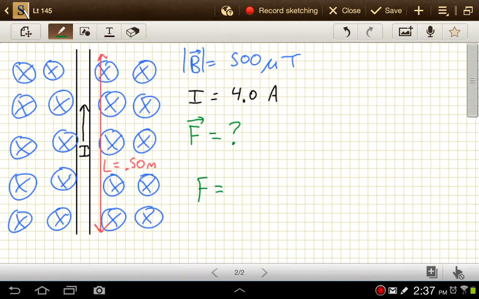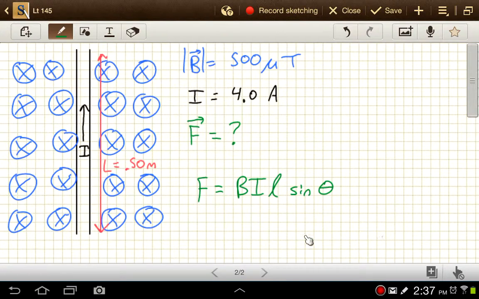So the magnitude of that force is equal to, in the AP Physics equation sheet, that equation is written out like this: BIL sine theta.